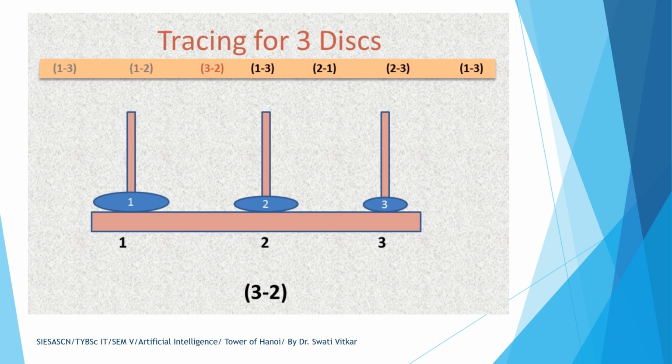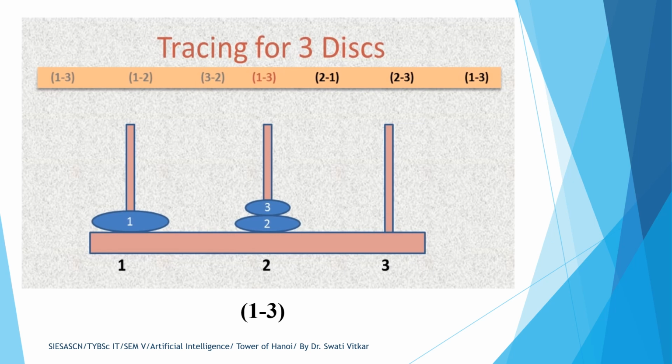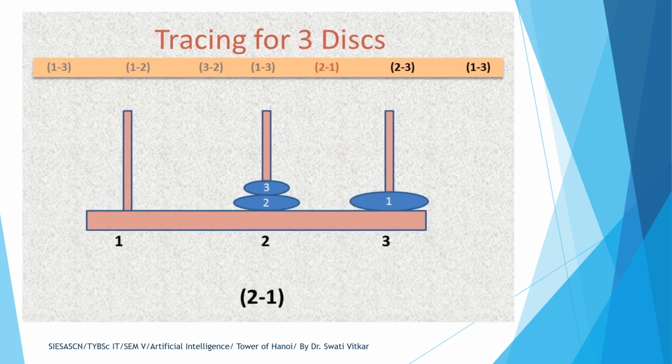The third step is 3 to 2. So here we are again moving 3 to 2. Then 1 to 3. So this will be moved from tower 1 to tower 3 like this. Then 2 to 1.